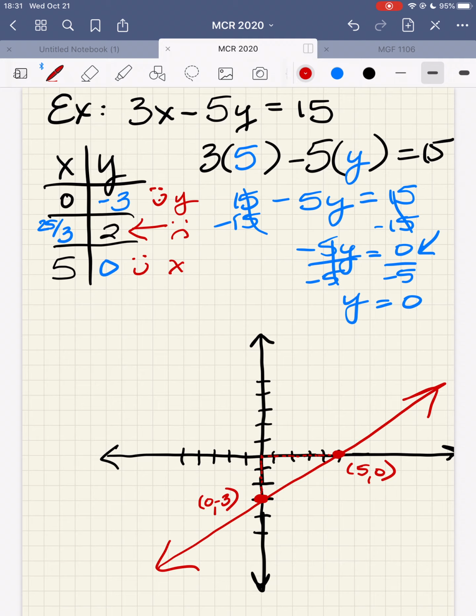Now everybody's going, well, why do I have to have my third checkpoint? Now this is an ugly checkpoint because it has a fraction. But 25 over 3, if I go ahead and make that into a mixed number, all right, what do I get here?